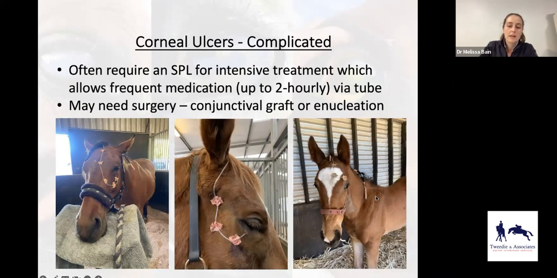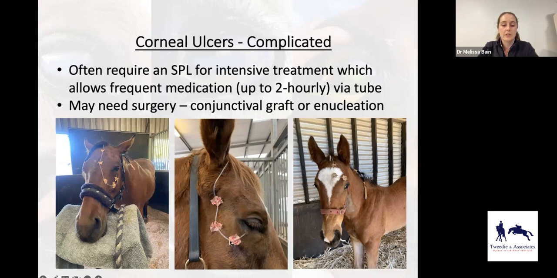And what this allows us to do is to push medications through this tubing into the eye without having to open their eye, touch their eye, which is really good for these really painful horses, especially with those intensive ulcers where you're putting meds in, can be up to 2 hourly with the really, really severe ones in hospital.